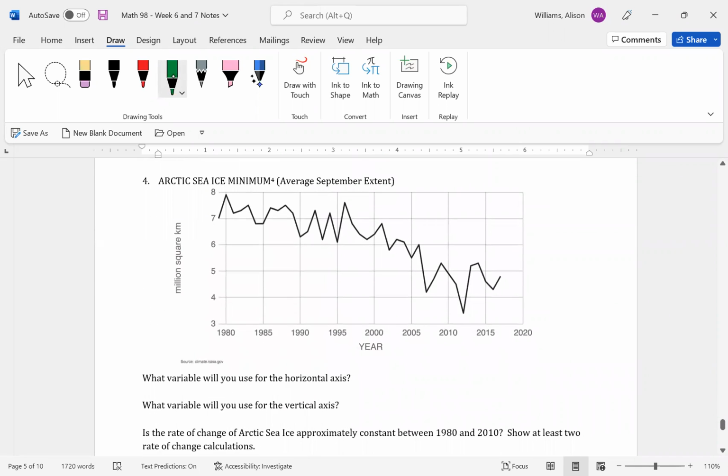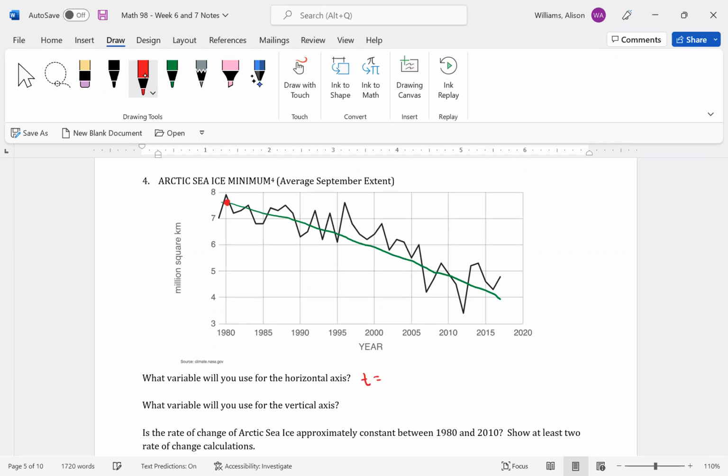Oh, okay. New example. What variable would we use for the, okay, so again, this is even worse. Our line is definitely not doing as good of a job, but that's okay. We could still kind of force it to work. All right. However, I feel a little better about my starting point here being the first number. So I'm going to go ahead and I will let 1980 be my starting point.